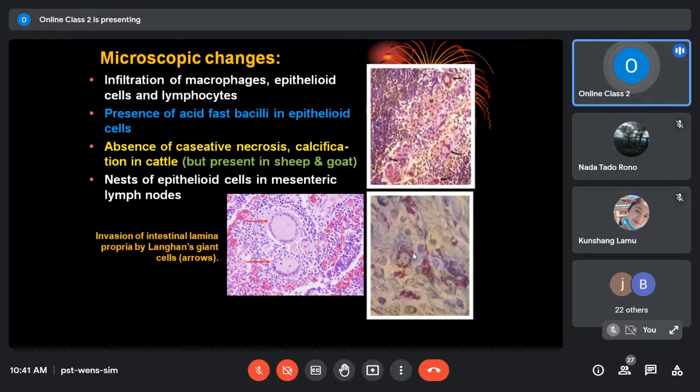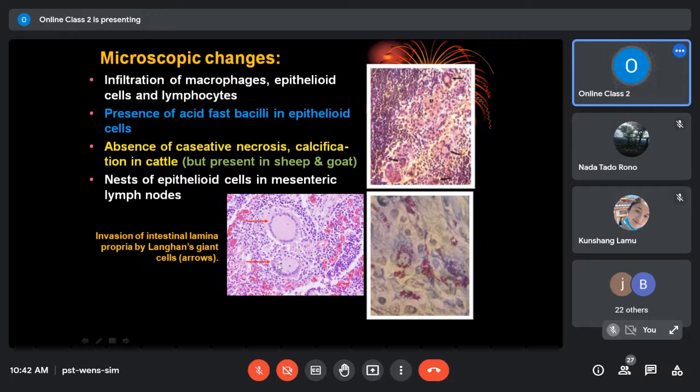If you make a section of the affected parts of this intestine, you will find in those areas aggregation of many inflammatory cells, similar to tuberculosis: macrophages, epithelioid cells, and lymphocytes. Giant cells, like Langhans type of giant cells, multinucleate, as I'm showing here, may be present, or may not be.